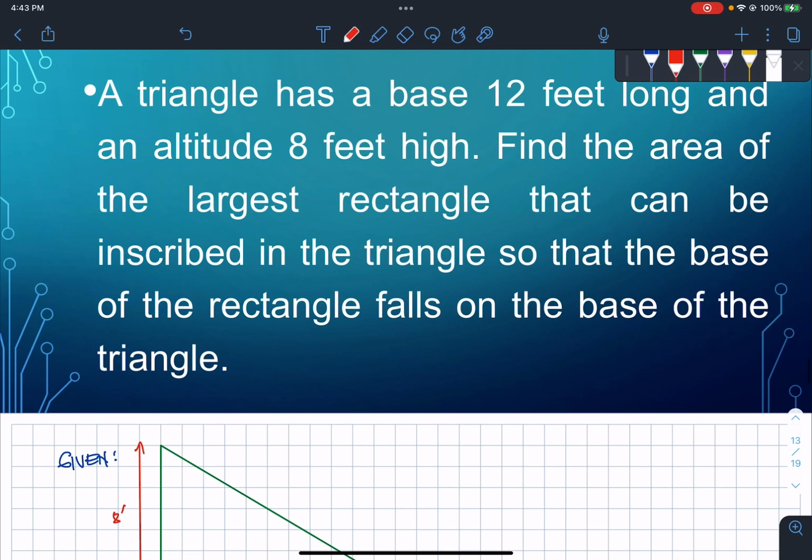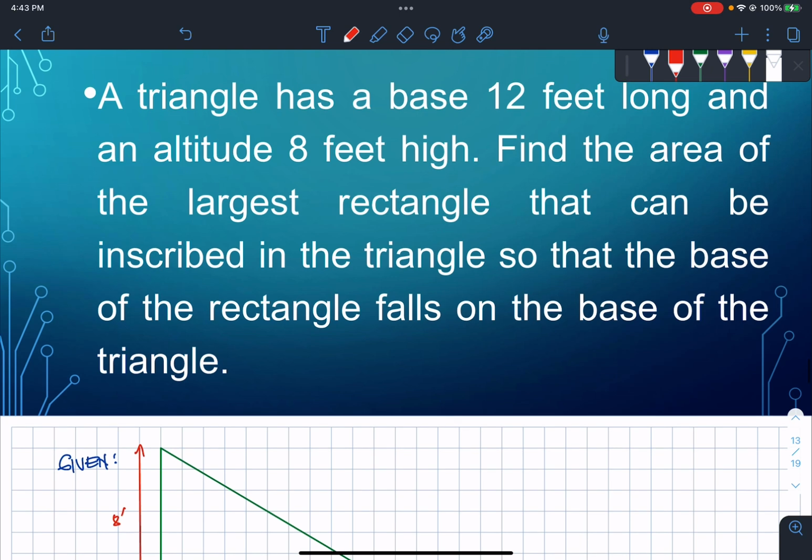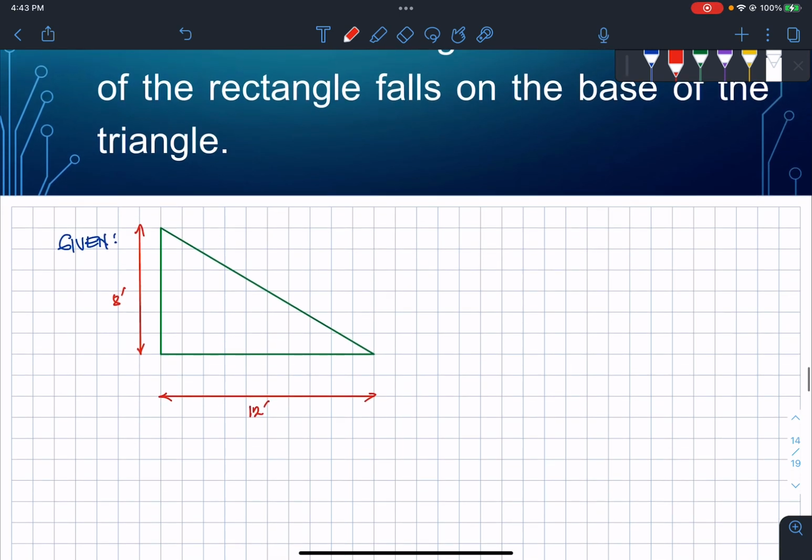Then we are to inscribe a rectangle inside the triangle.